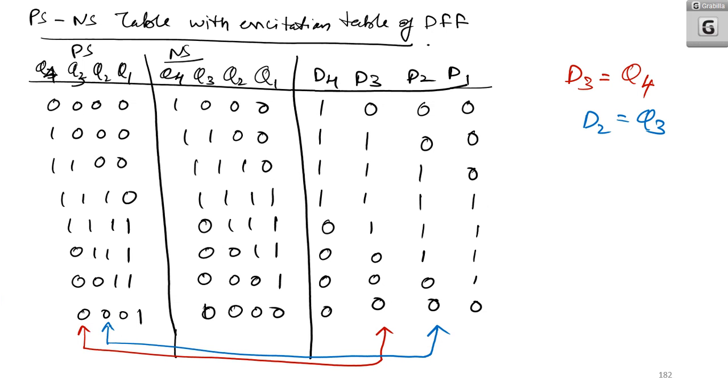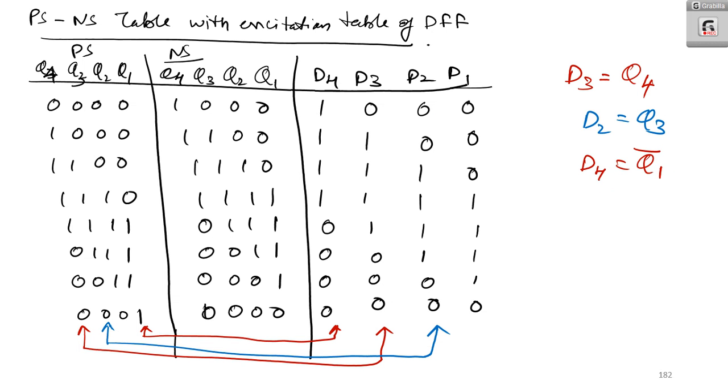Now if you are looking to D4 and Q1, I forgot that. You can see that D4 is a complement of Q1, right? So you can write D4 is equal to Q1 complement.